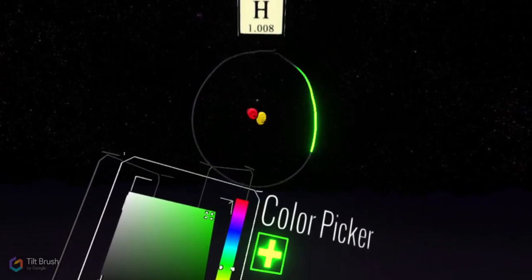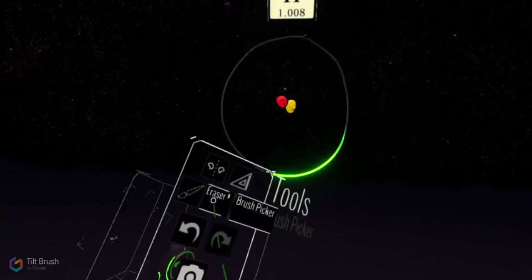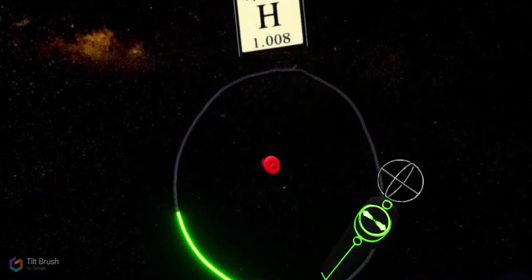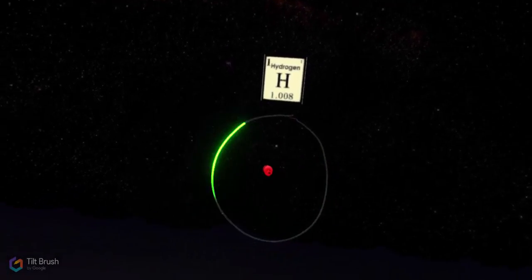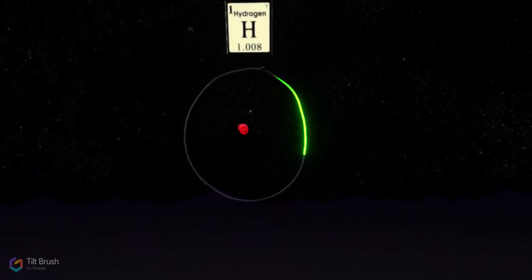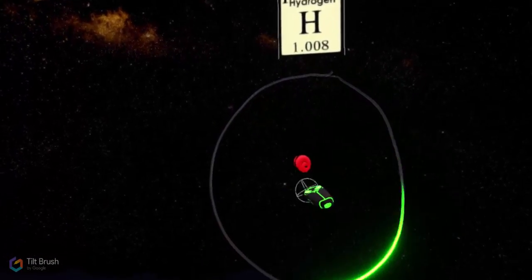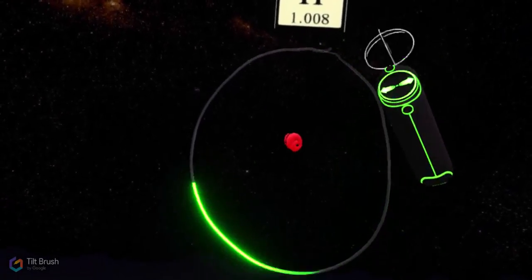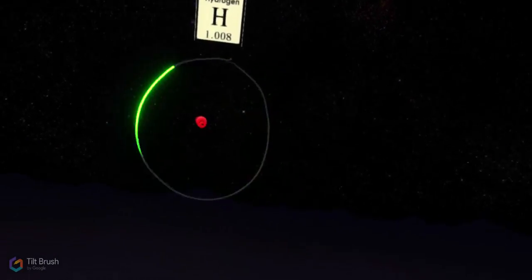It just has 1 proton and no neutrons. So I can get this little eraser brush here, and I'm just going to erase the neutron out of here. And now we have an average hydrogen atom. You can have hydrogen atoms that have a second particle in the nucleus, but all hydrogen atoms have 1 proton. That's what makes them a hydrogen atom.